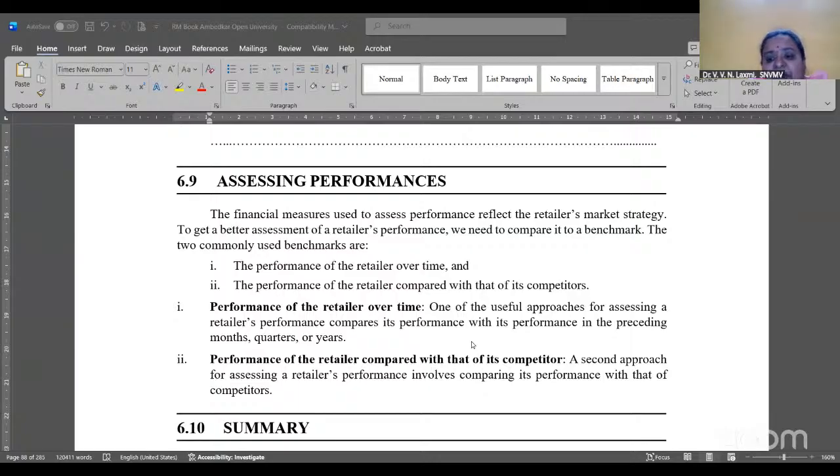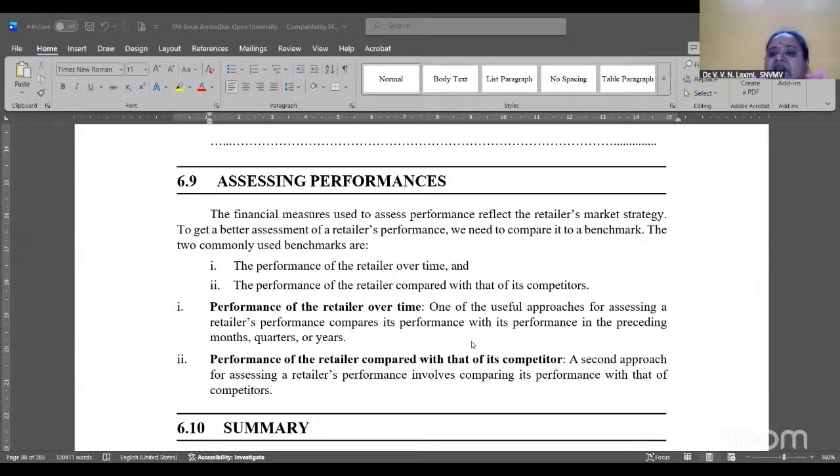So whether the performance of the retailer is better than their competitors, whether the retailer is able to sell more than the competitor, in terms of number of footfalls, in terms of sales, in terms of revenue generated, in terms of expenditure versus the revenue generated, the performance can be compared and a reasonable assessment can be done whether the retailer is making money or losing money over time. This is about the retail financial strategy.